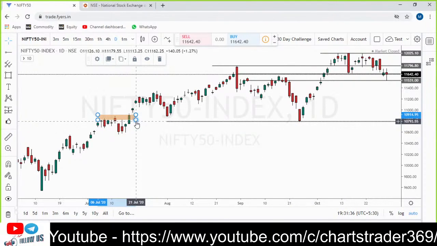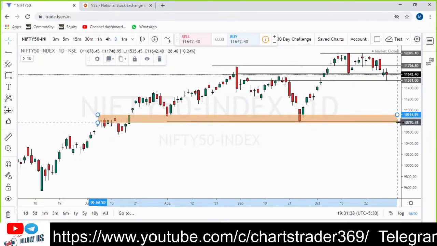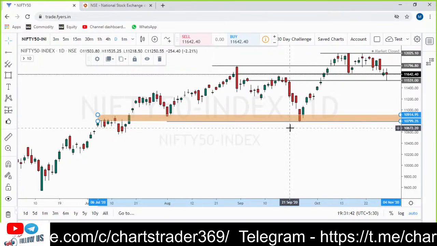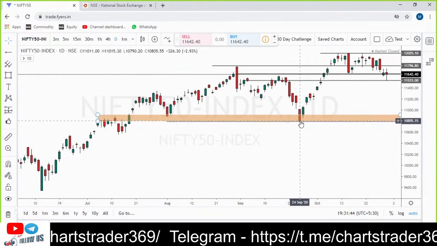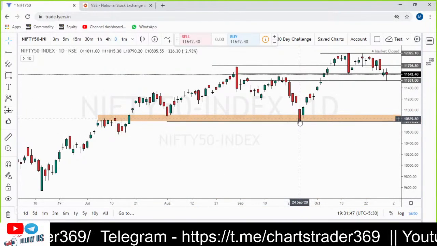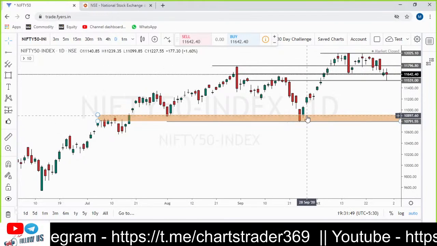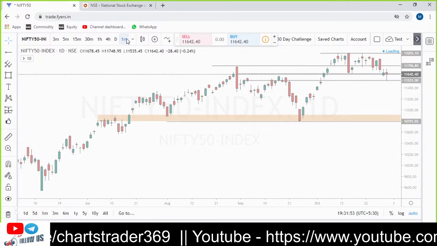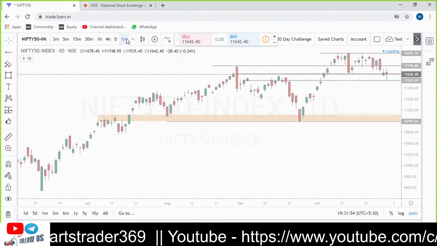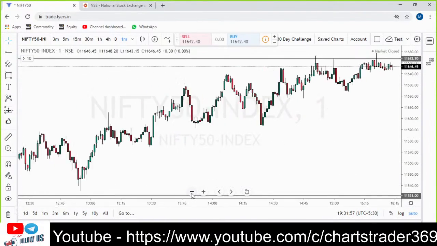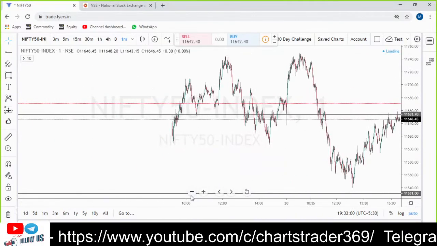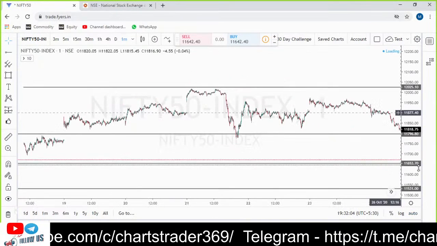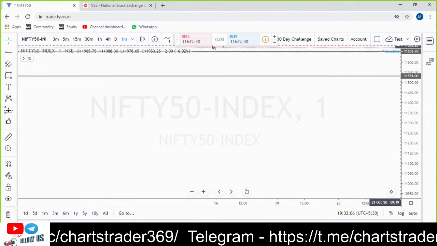Now if I drag this on, you see this is one of the supports where Nifty took a bounce. Now if I go to even the 1 minute time frame, this will not change. 28th September, let me go to 1 minute. Where is 28th September?